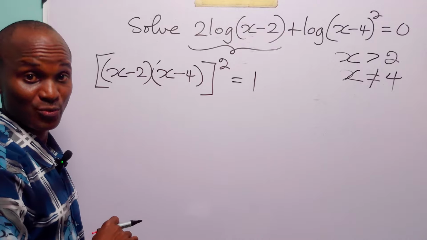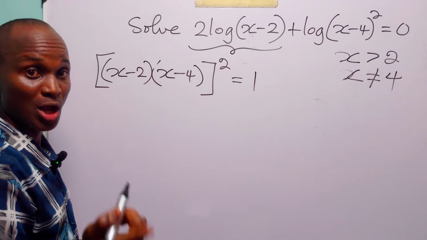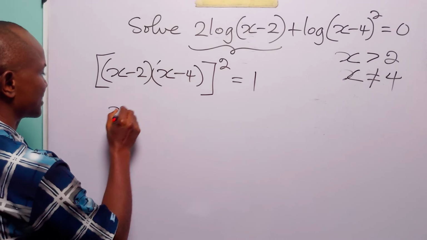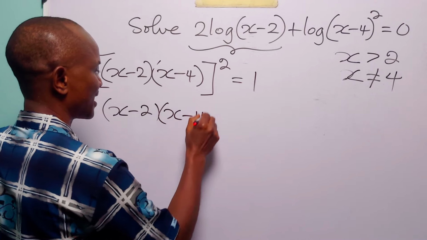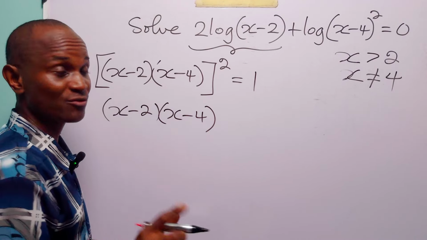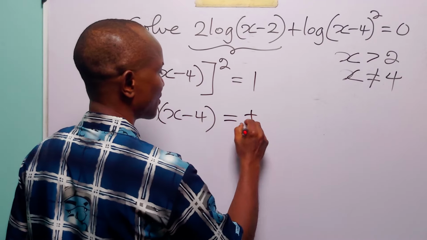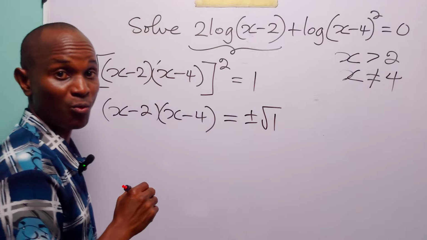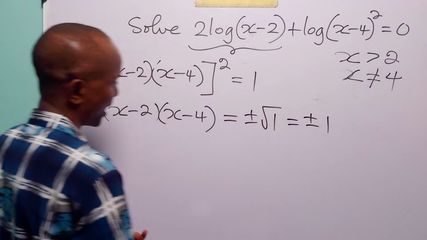The next thing we are going to do is to take the square root of both sides of this equation. When we do that, we have (x - 2) multiplied by (x - 4); the square root takes care of this square. It is equal to plus or minus the square root of 1, which is plus or minus 1.